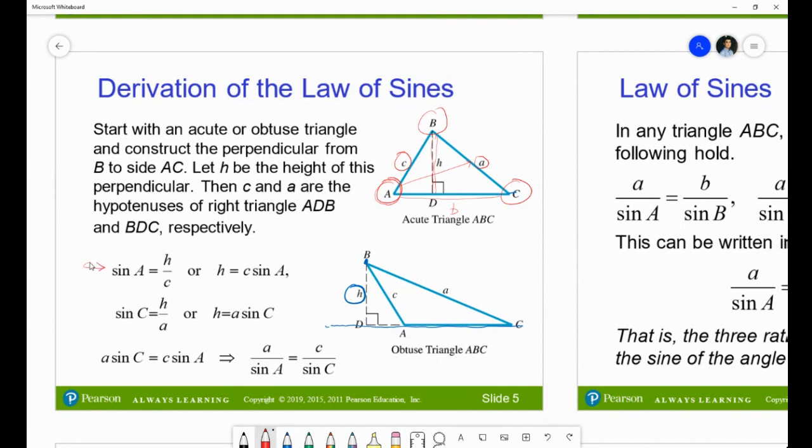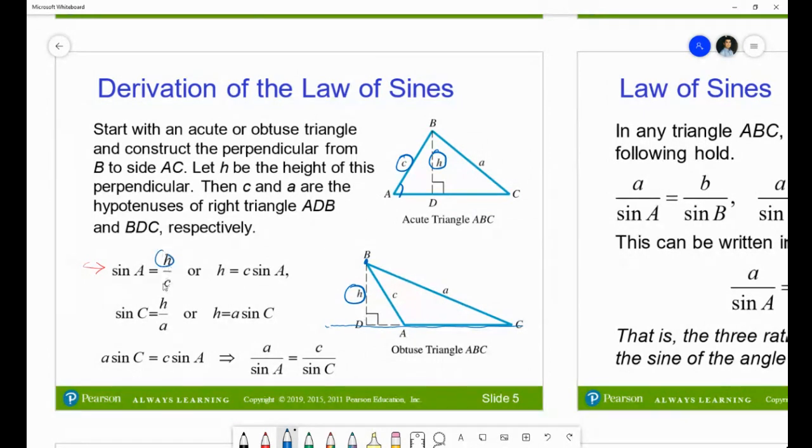So if you look here, we have sine A. So let's look at the derivation of it. So here is my angle A. So sine of A is opposite over hypotenuse.